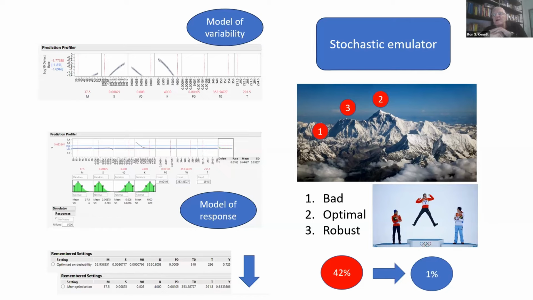Now you have something to recommend on how to set up the system. And if it's done with the stochastic emulator, this can be done online as the system is running. You don't have to do it offline. You can actually do it live, so you can address situations that have not been envisaged before. The system can be in a state that no one imagined possible before, but it's setting up how to continue, and you can include these considerations online.